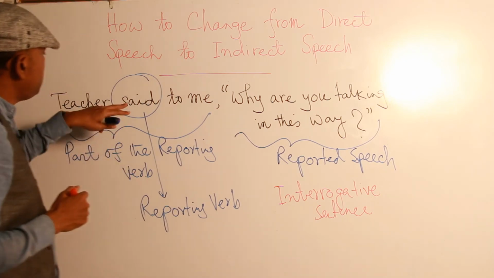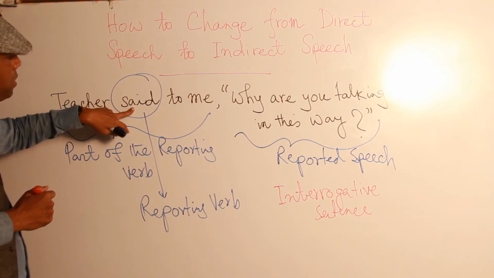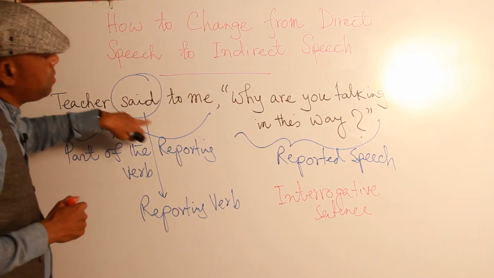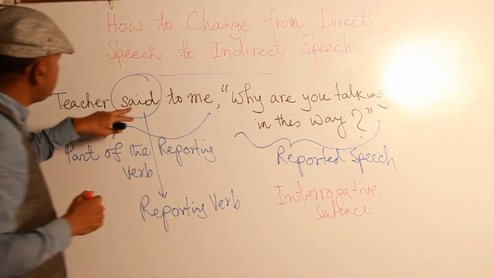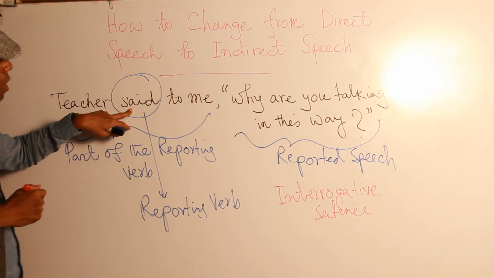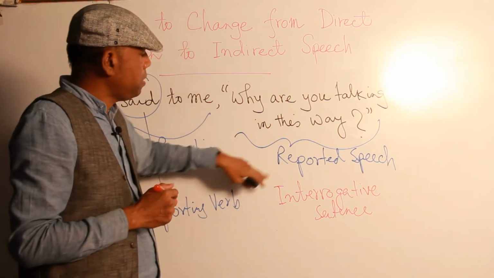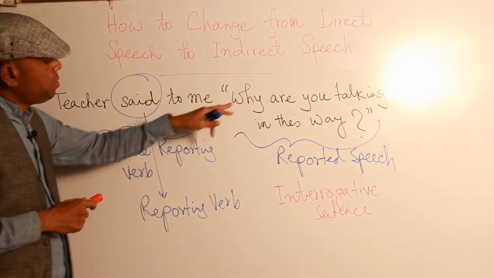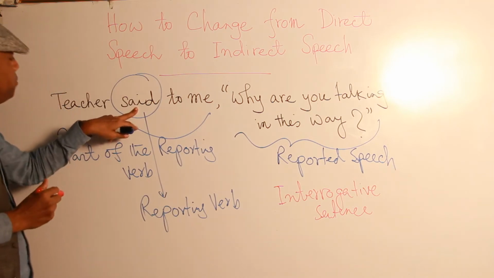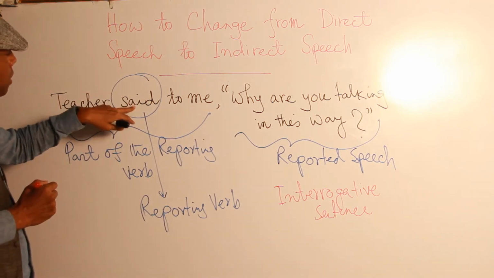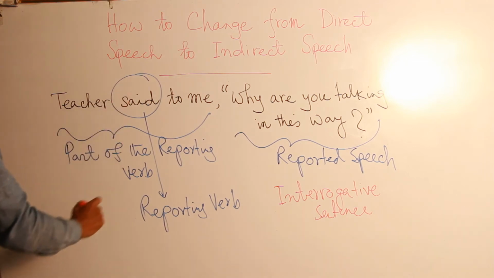So step number 2, we have to change the reporting verb said according to the sentence of the reported speech. If the sentence of the reported speech is an interrogative sentence, the reporting verb said will be changed into asked.